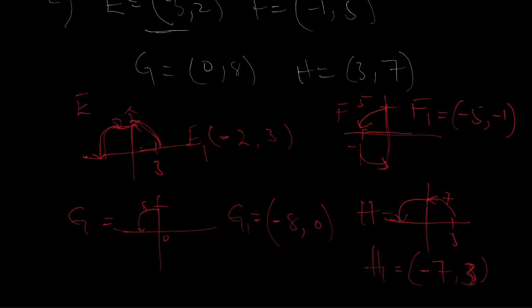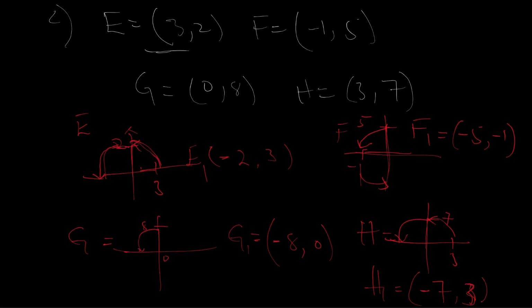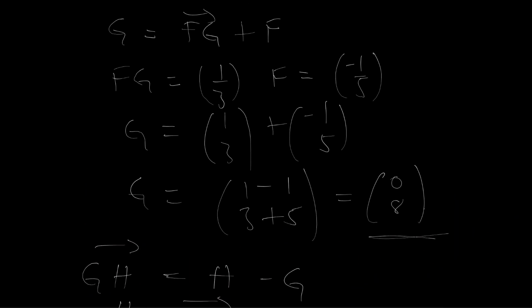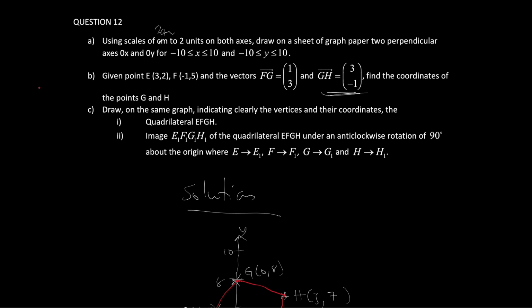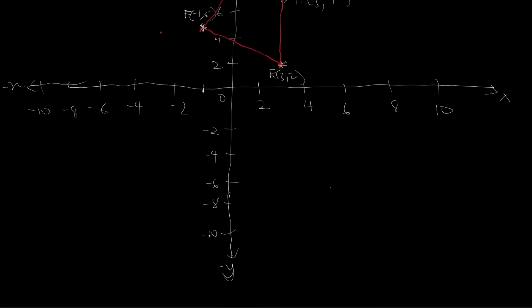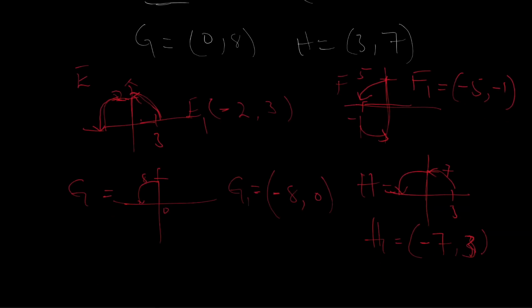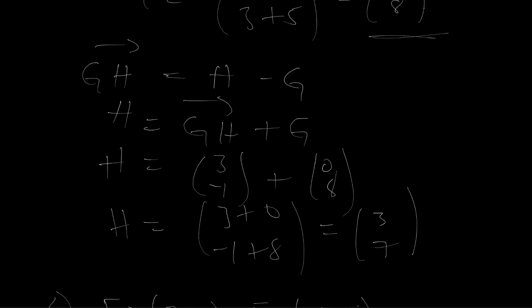So plotting E1, F1, G1, H1. E1 is (-2, 3). So plotting (-2, 3), it should be here. F1 is (-5, -1).